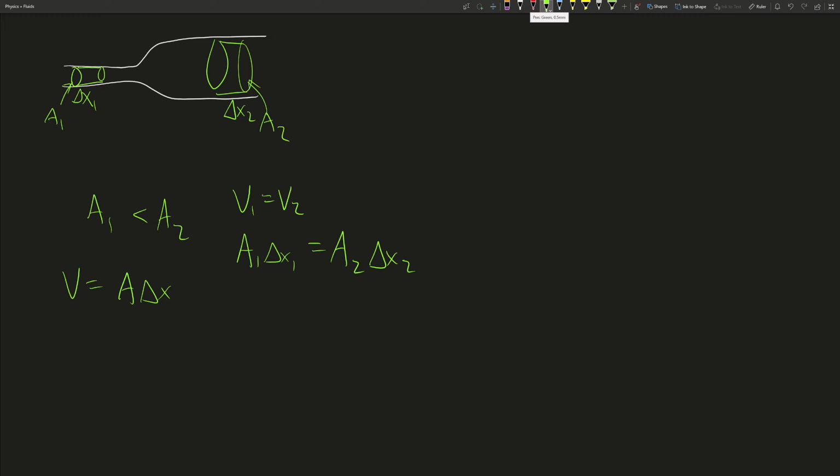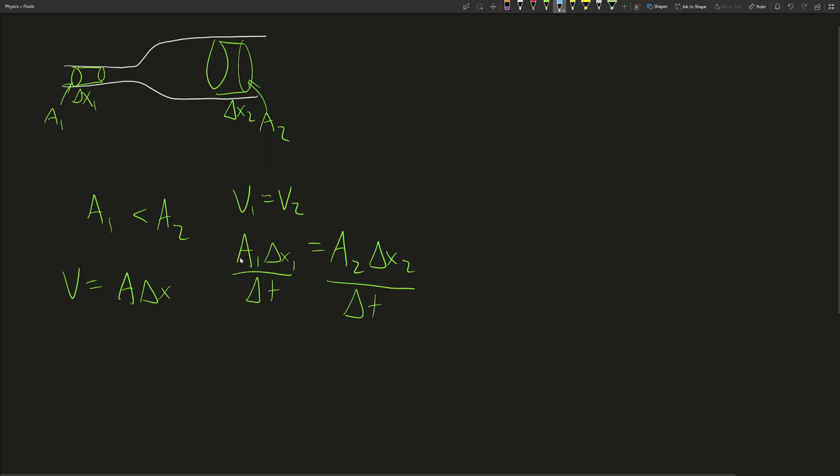We also know that this change in volume has to occur over the same period of time, as in if we put this volume in this side through a certain time interval, let's call it change in time, then the volume over here has to change by that same amount in that same time interval.